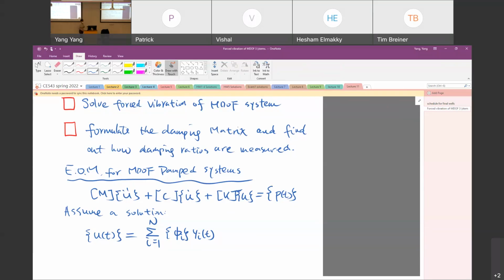We assume that. And we can also write that in terms of matrices and vectors.